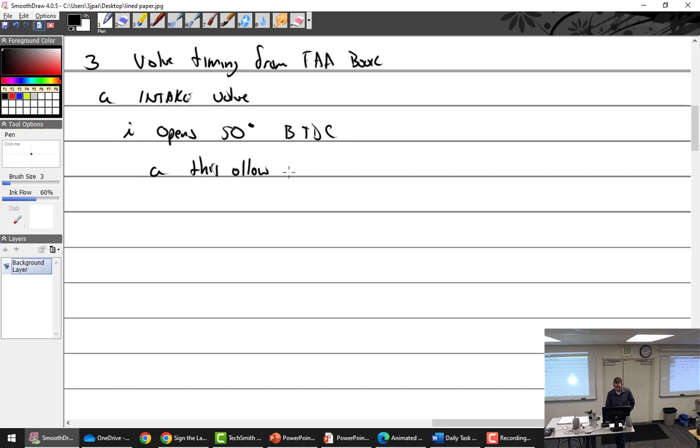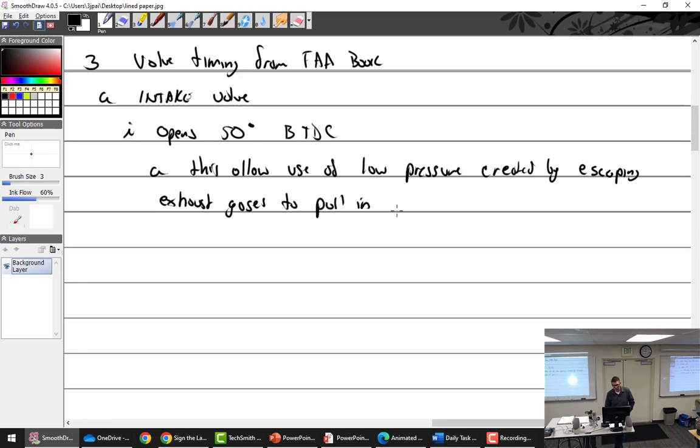This allows use of low pressure created by escaping exhaust gases to pull in fuel air.